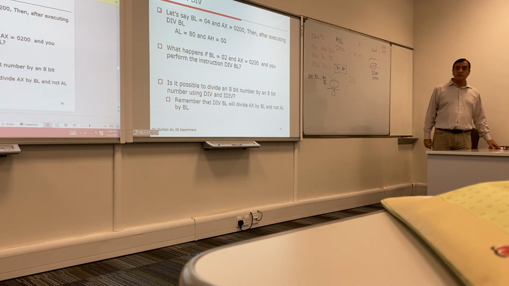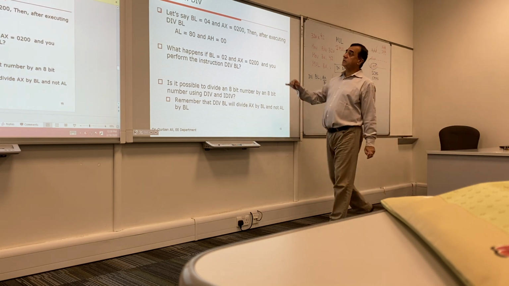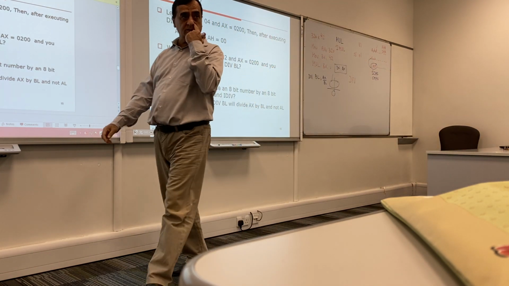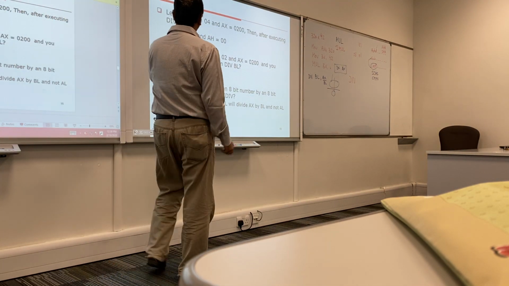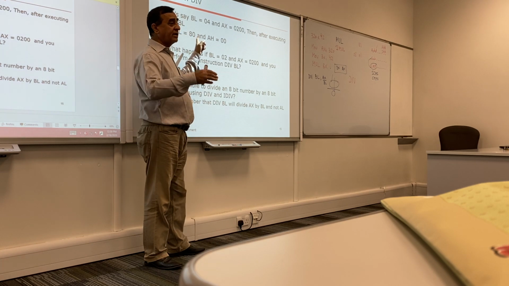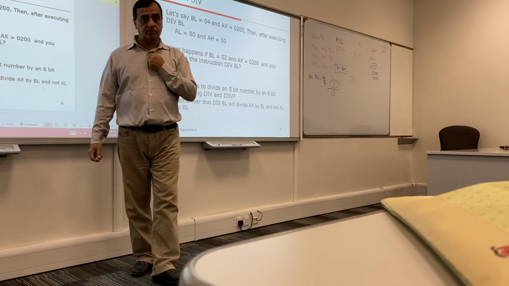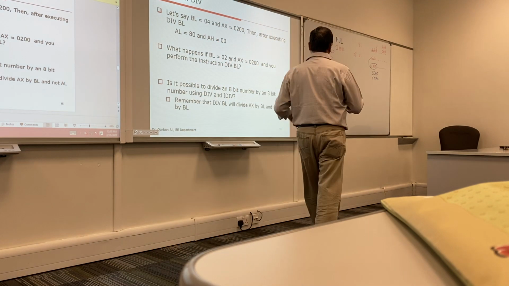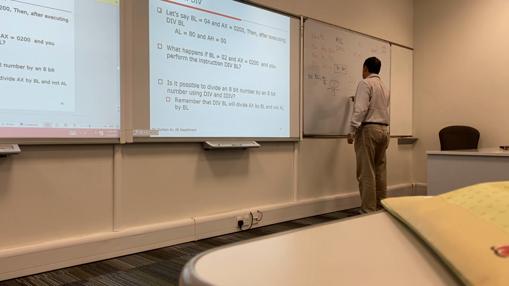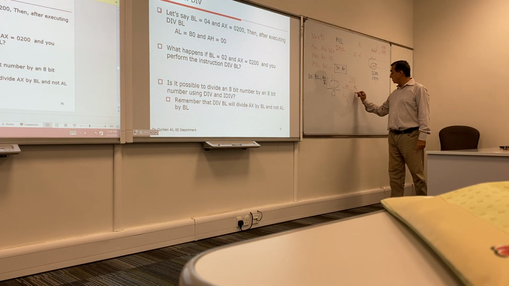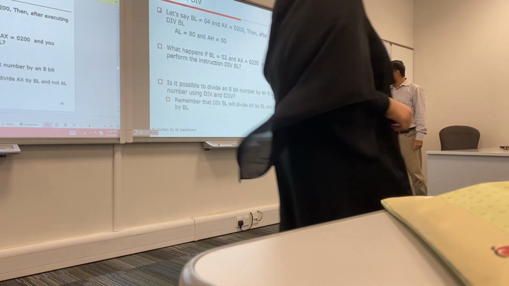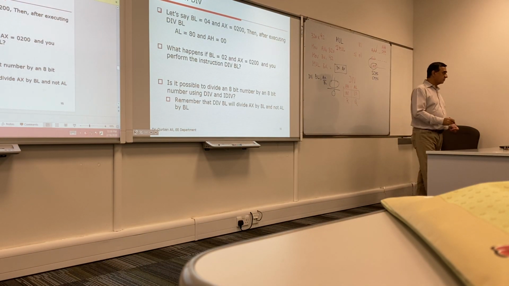You have the calculator and you can check the answer. 200 divided by 4 in hex mode. 80, right? And 80 is the quotient. If you don't find the other one, this means the remainder is 0. So the answer is in here, AL, AH. This is quotient, this is remainder. So if you are finding 80, this means these values are 0. There is no remainder.